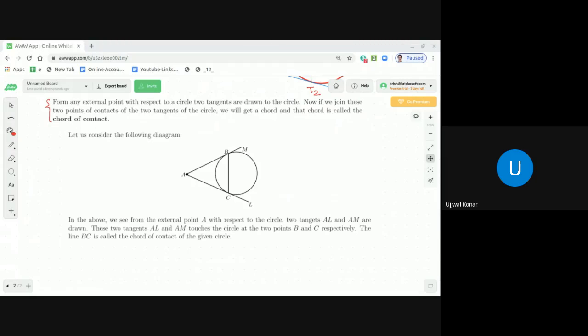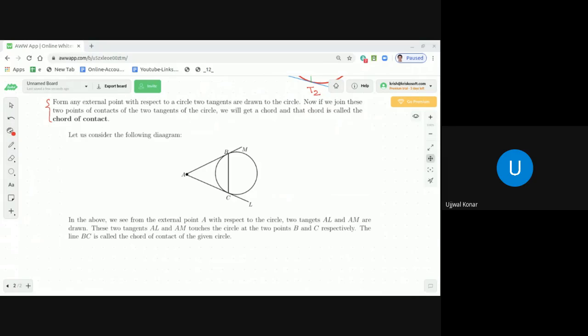Now, the first thing we are going to do, dear students, is the equation of the chord of contact of a circle. If the equation of a circle is given, we can find the equation of the chord of contact of this circle in any of two methods. So let's look into it.